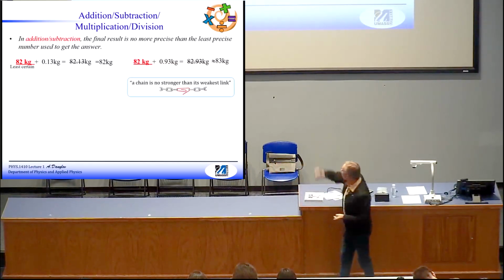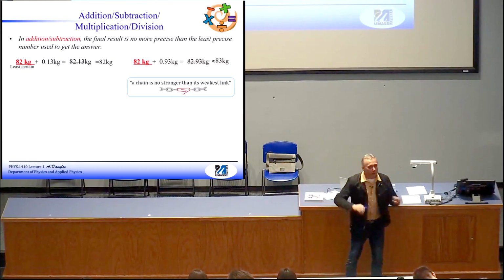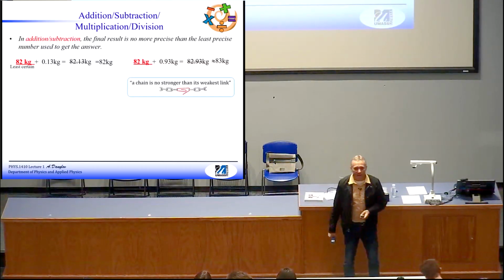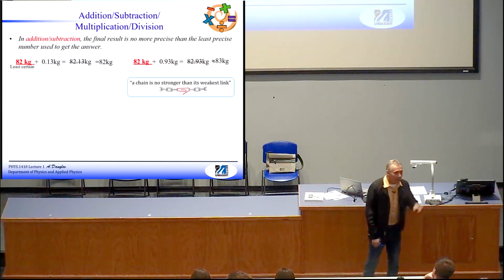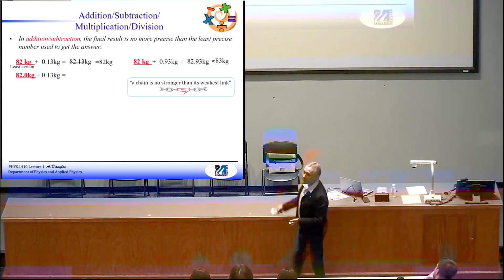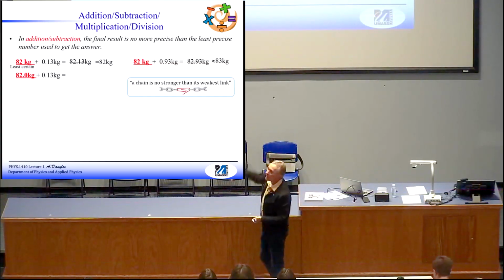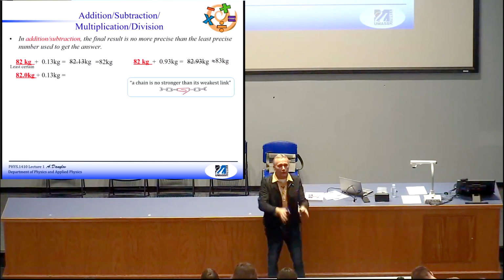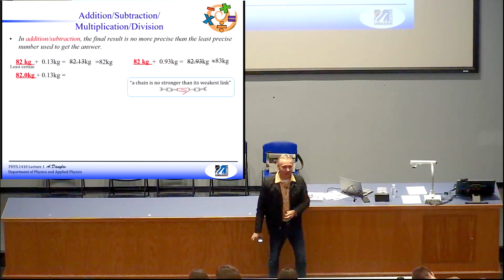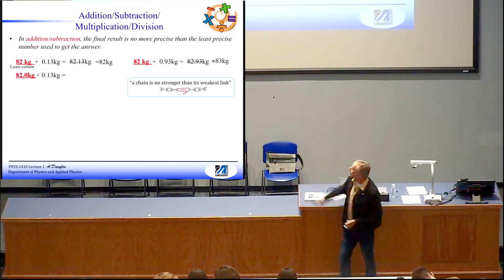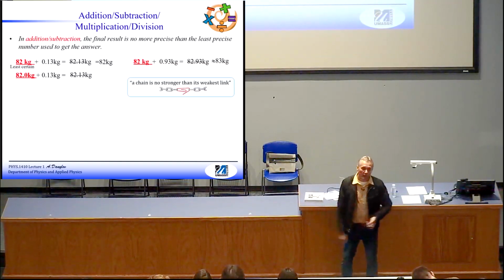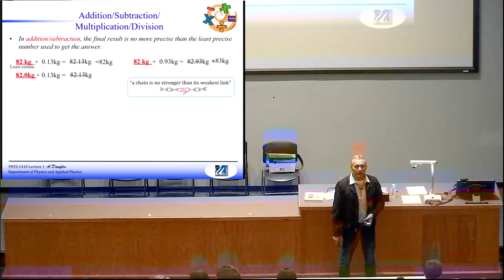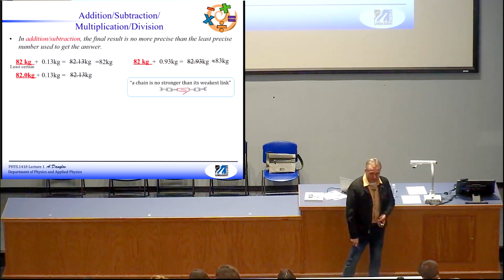Now I feel ashamed of my poor result. I found a better scale in a different corner of the lab, and let's say I now measured with better accuracy. Now my result is 82.0. He's conservative, and stays with his great scale. So the calculator will still give us 82.13, and that number still doesn't make sense.